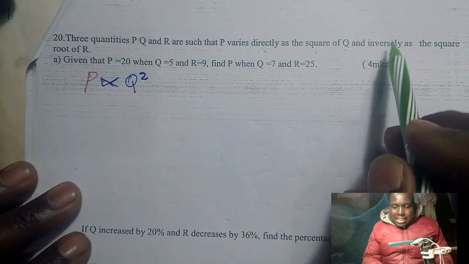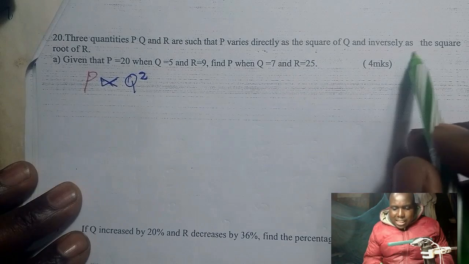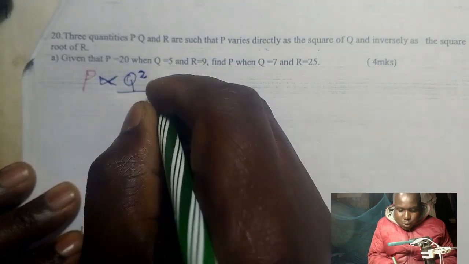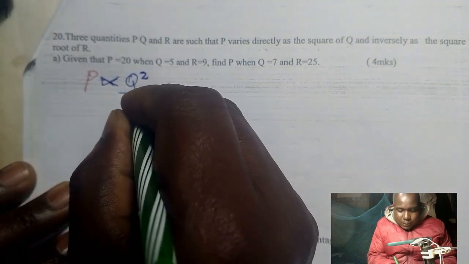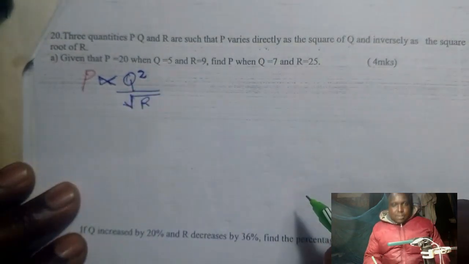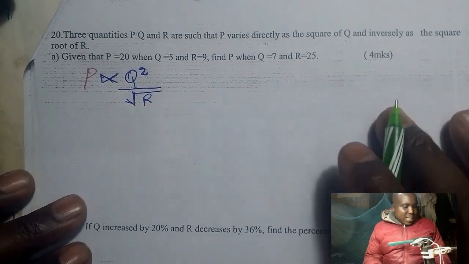And inversely is 1 over that, so inversely as the square root of R, that is 1 over the square root of R. So that is what we need.